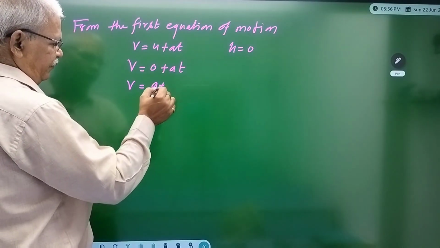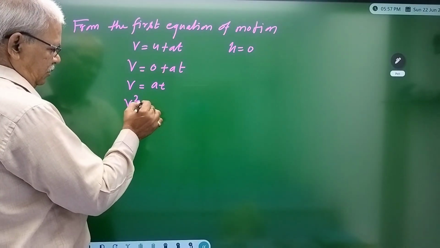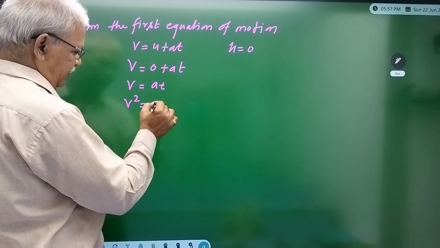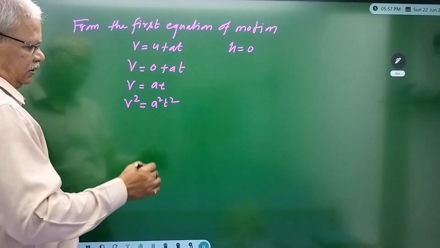Now, if we take the square of this, it will be v square is equal to a square t square.